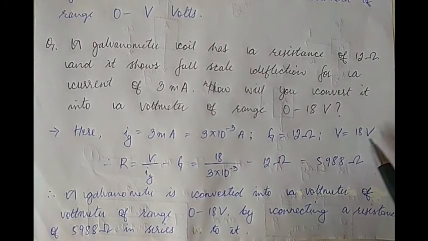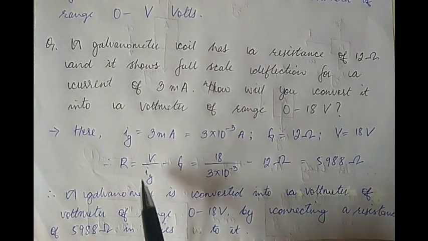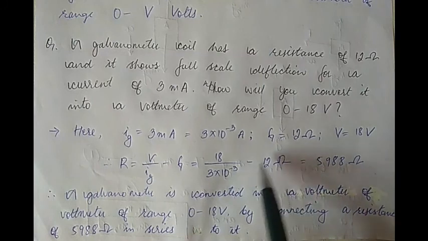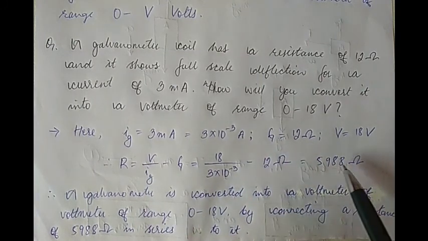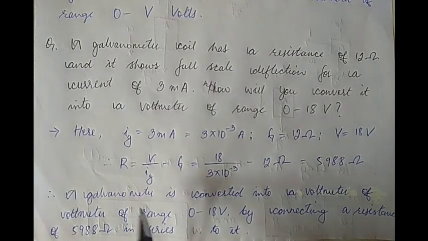G is 12 ohms and V is 18 volts, because the maximum potential we want the voltmeter to measure is 18 volts. So R is V upon Ig minus G. Substitute the values and you'll get R to be equal to 5988 ohms. Therefore, in order to convert the galvanometer to a voltmeter of range 0 to 18 volts, we need to connect a resistance of 5988 ohms in series with the galvanometer.